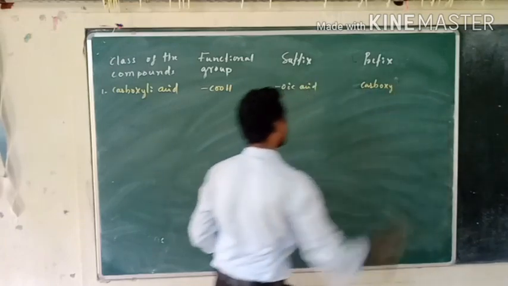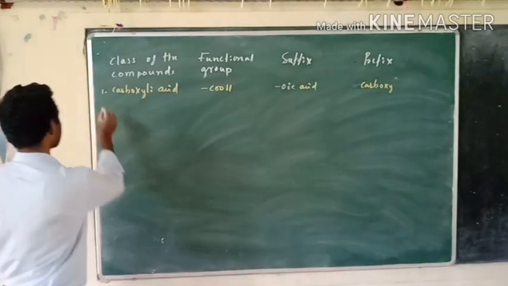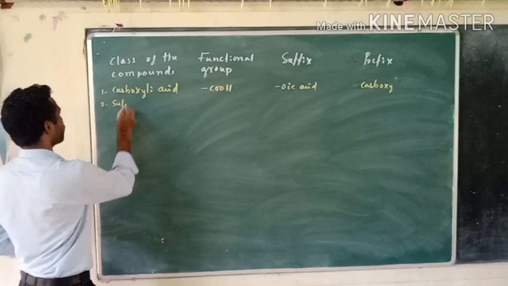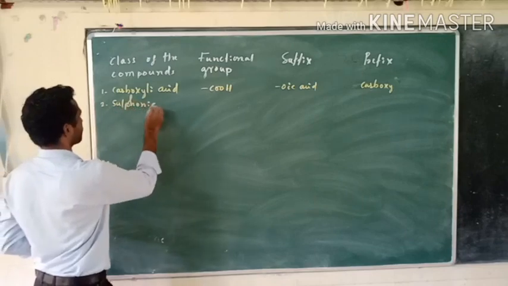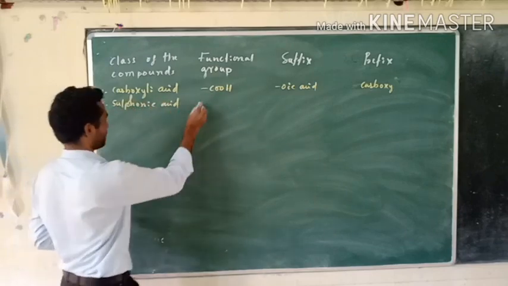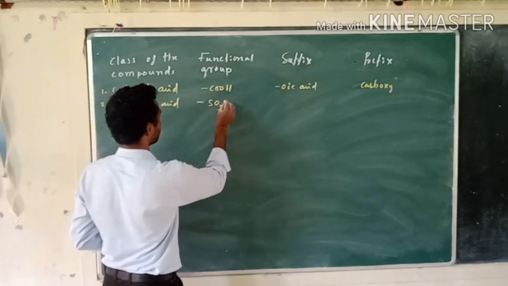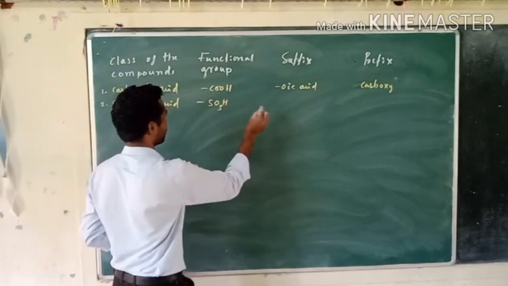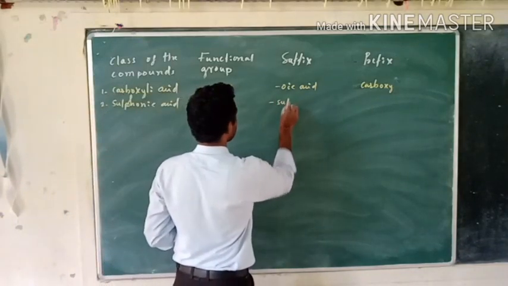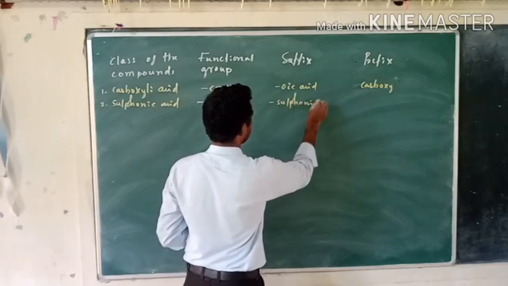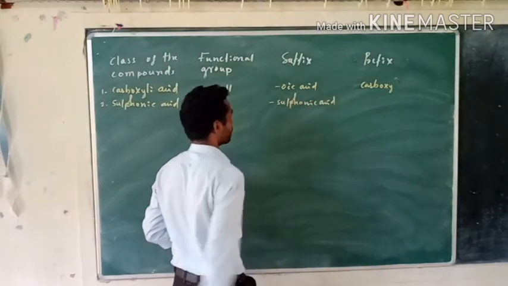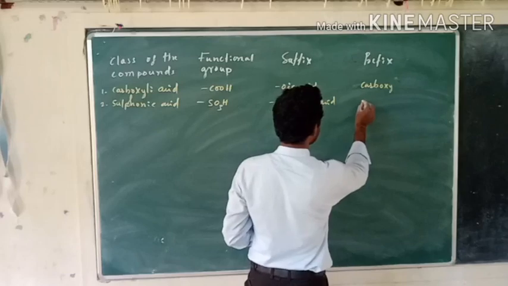Carboxy, not carboxide, it is carboxy. The second one is sulfonic acid. The functional group is SO3H. I have to write sulfonic acid as the suffix. The prefix is sulfo.